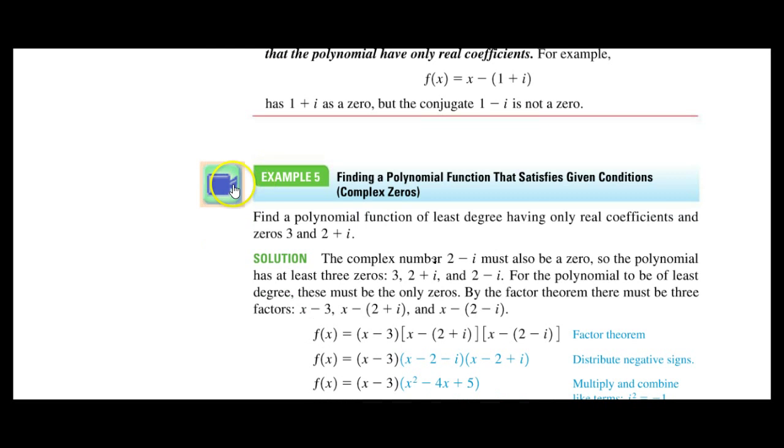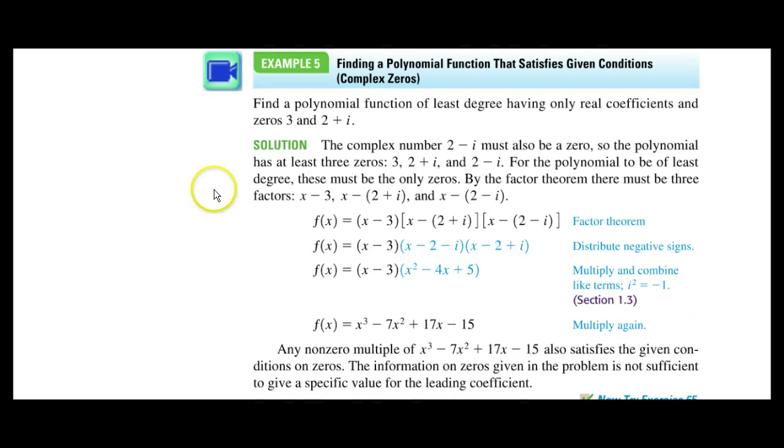All right, let's go on. Example 5. Find a polynomial function of least degree having only real coefficients and zeros. So we have 3 and 2 plus i.